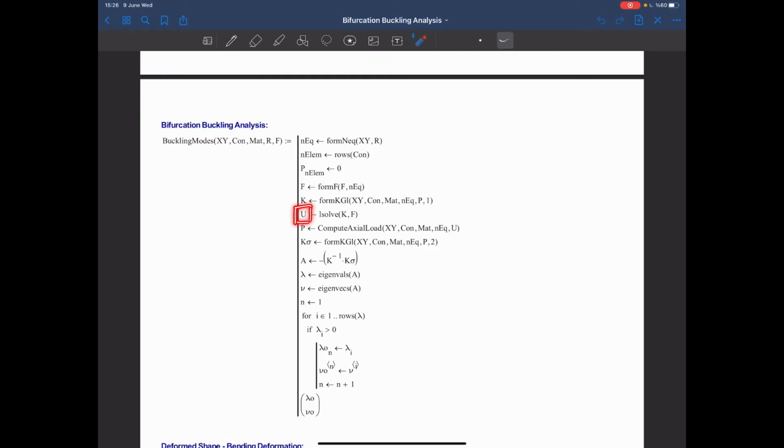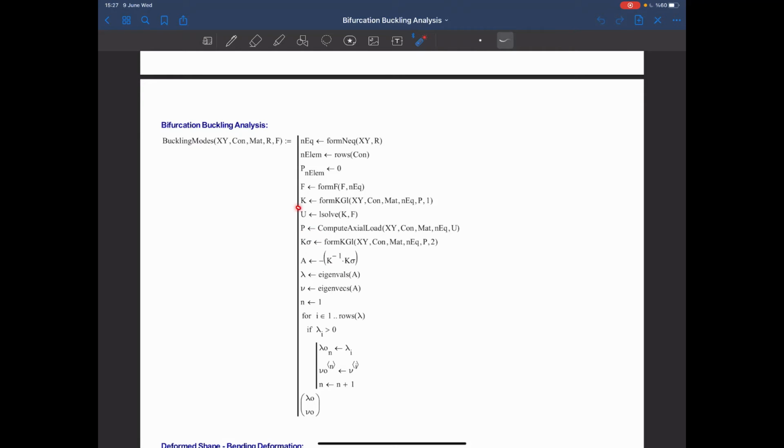Calculate the displacements for this given force vector. And then for every element, I calculate the axial load on them and store it into P. Then use the same algorithm, but this time the flag is equal to 2. Now I'm inputting the P as an input and then get the geometric stiffness matrix.